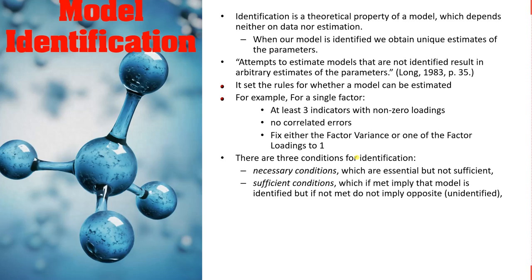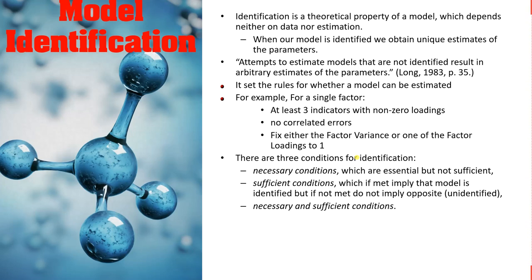Similarly, conditions may be sufficient. It means if we meet those conditions, then the model is identified. But the opposite is not correct. It doesn't mean that if we are not able to meet them, then the model is unidentified. Therefore, for model identification, we must meet the necessary and the sufficient conditions.